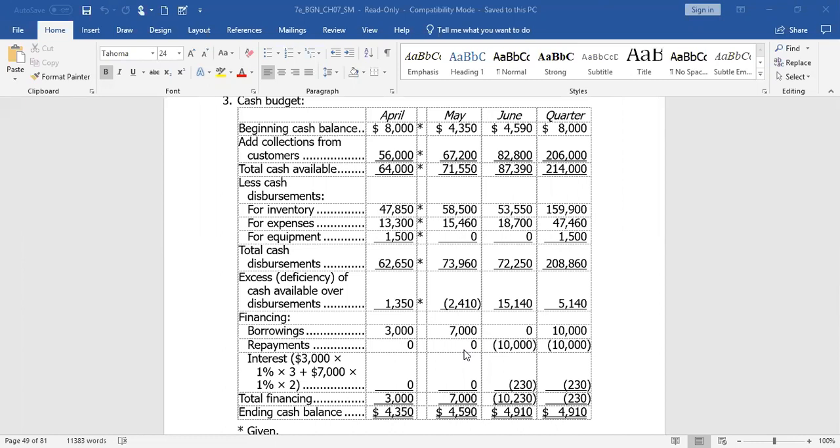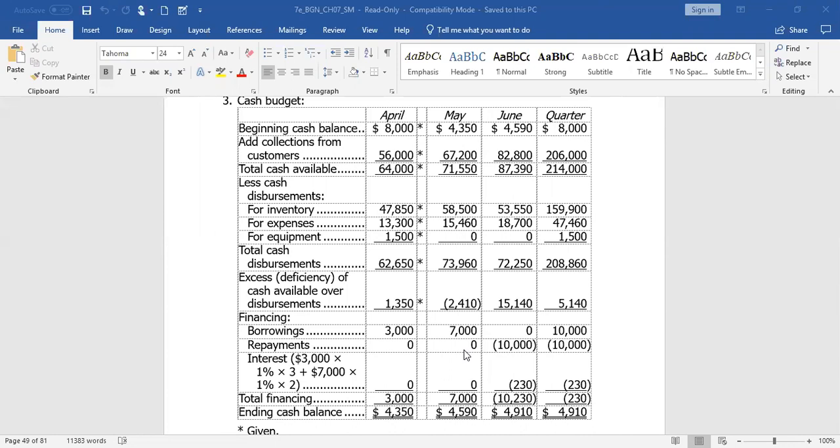Now take a look at the end of May, they have a negative $2,410. So they want to maintain at least $4,000. So they're going to have to borrow $7,000 in order to have an ending cash balance above $4,000. They can't borrow the exact amount to have them at $4,000. They can only borrow in $1,000 increments, so they have to go to $7,000.